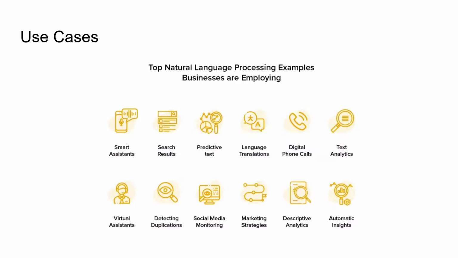We have predictive text, language translation, digital phone calls, text analytics, visual assistants, detecting duplicates, social media monitoring, marketing strategies, descriptive analysis, and automatic insights. All of these are use cases of natural language processing that are currently being used in the industry and being developed by fellow NLP engineers.